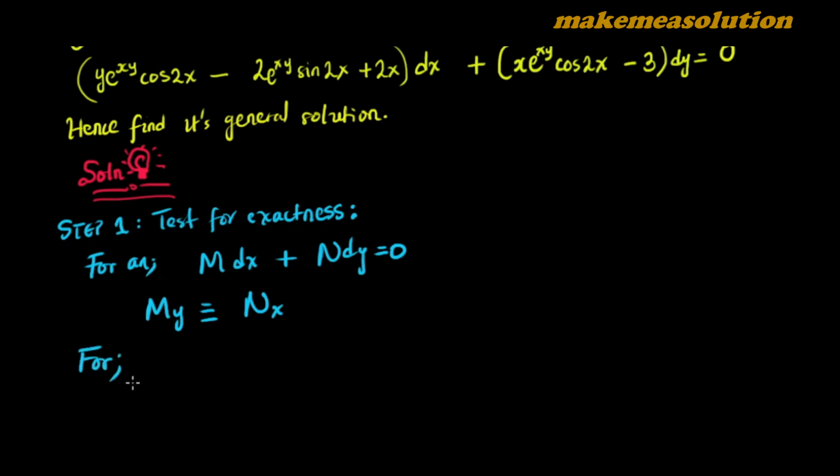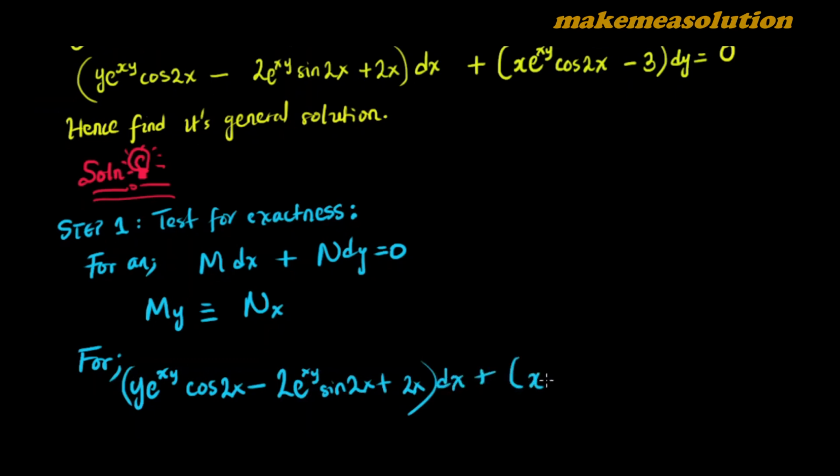Of course, we all know that for the differential equation given to us, y e^(xy) cos 2x minus 2 e^(xy) sin 2x plus 2x, all into dx, then plus x e^(xy) cos 2x minus 3 dy equal to 0.